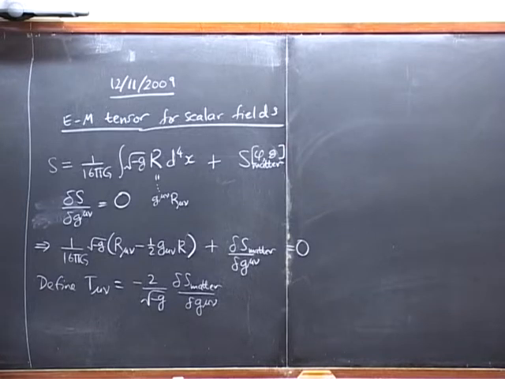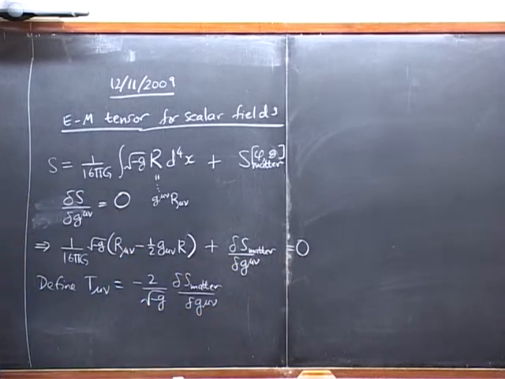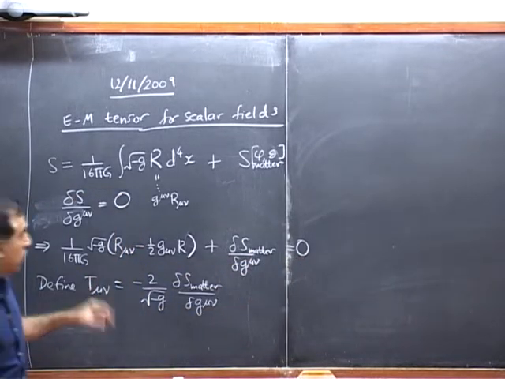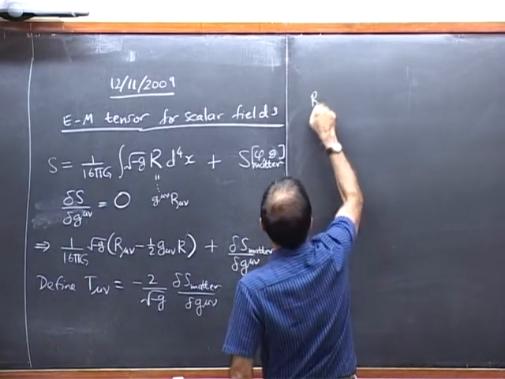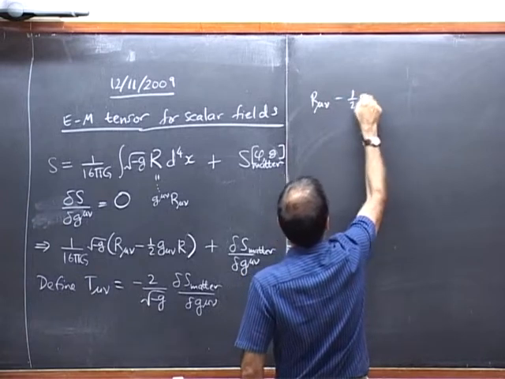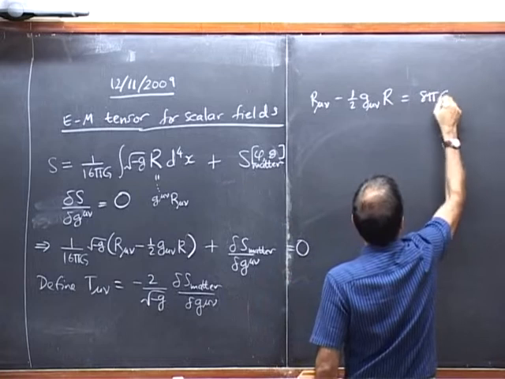So depending which one I choose to do, I get different answers. Okay, good. So with these conventions, I can take this to the other side and write it as minus a half. Sorry, as, okay. So this gives me that R mu nu minus half g mu nu R is 8 pi G.